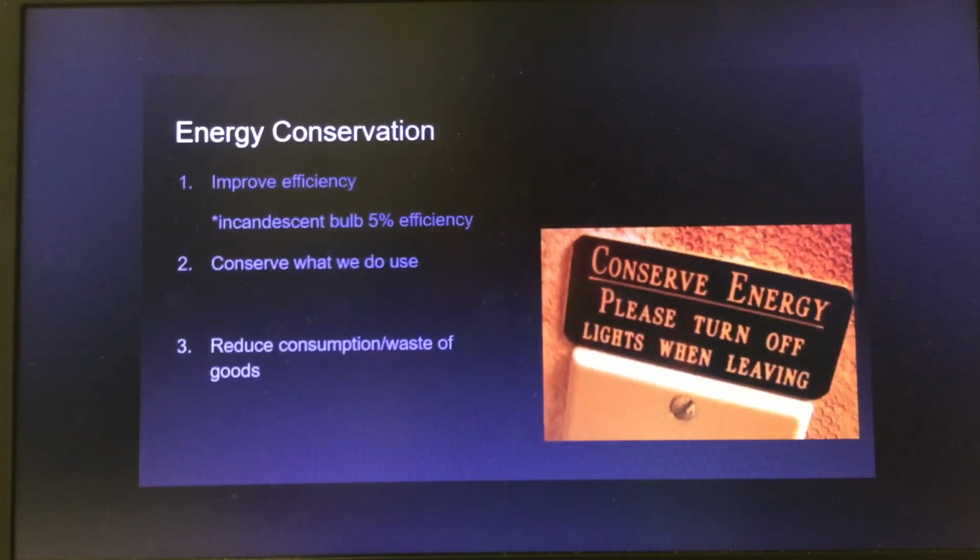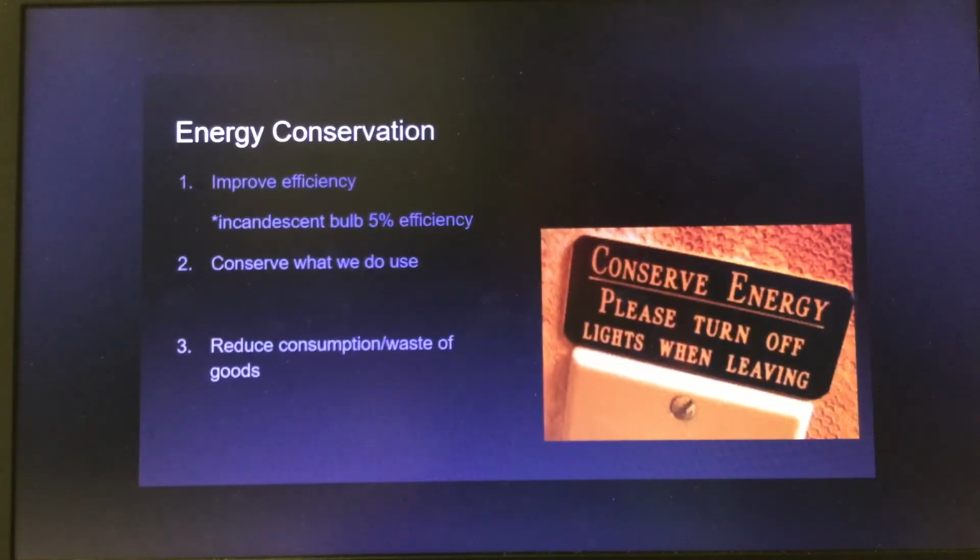So improving efficiency and switching to, say, a compact fluorescent or an LED light source is going to use much less energy, much better in terms of shifting towards sustainability. So the very first thing is improving efficiency. The second thing that we can do is conserve what we do use.